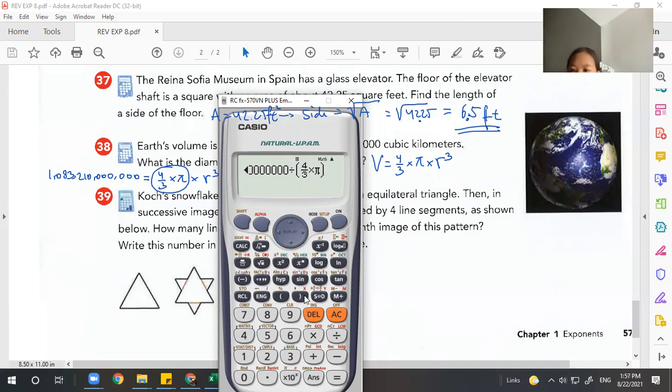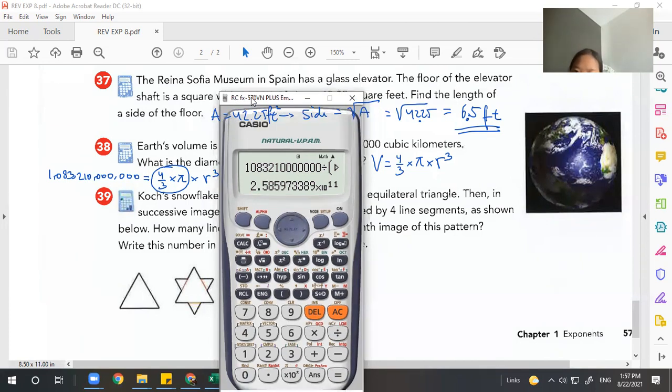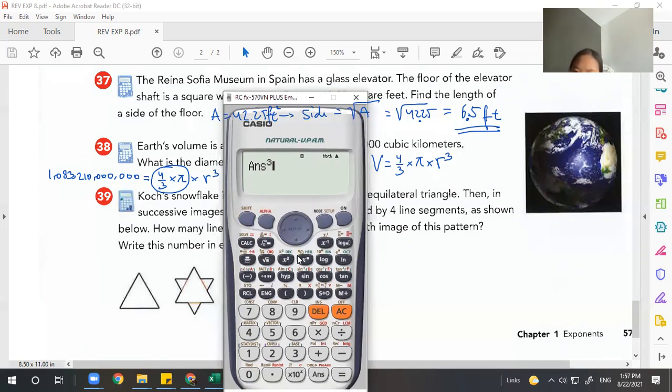That's the answer. And then you have to take the cube root of this because you are finding the radius, right? So cube root. Oh, sorry, it's wrong. So the answer is, like what we did, shift of the answer. This will be your answer for the radius, 6,371.